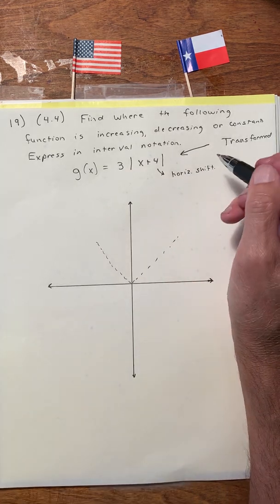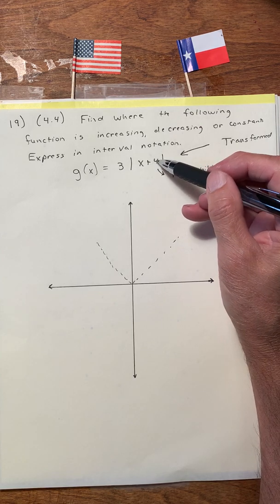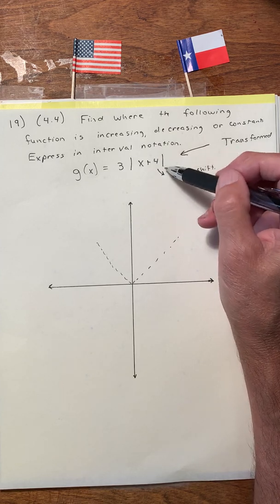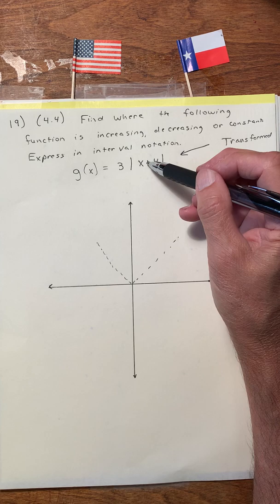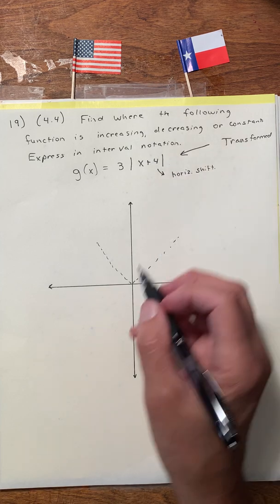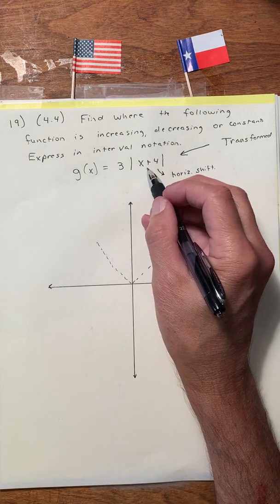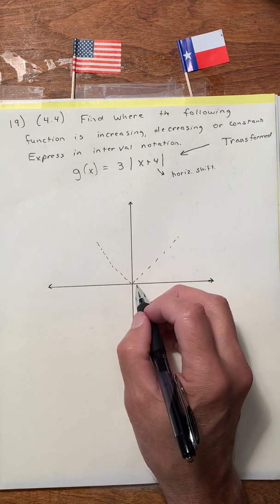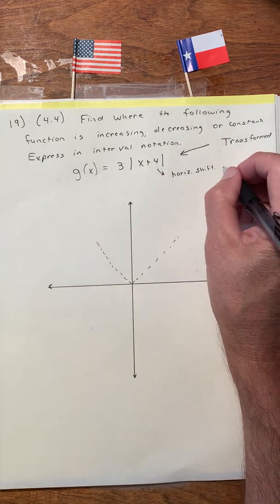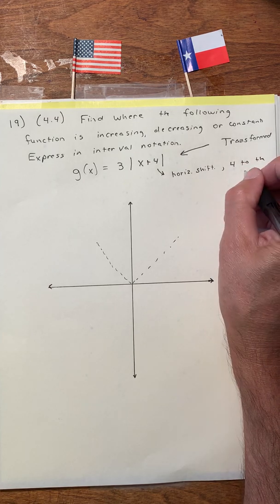Now here's where I have to remember that it's the opposite of what you would think. If I have a 4 added inside the operation itself, +4 means a horizontal move to the left. Yes, it does. X -4 would be a horizontal move to the right. So this is a horizontal shift 4 to the left.